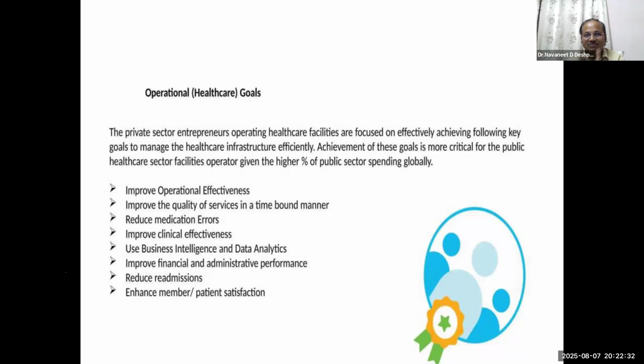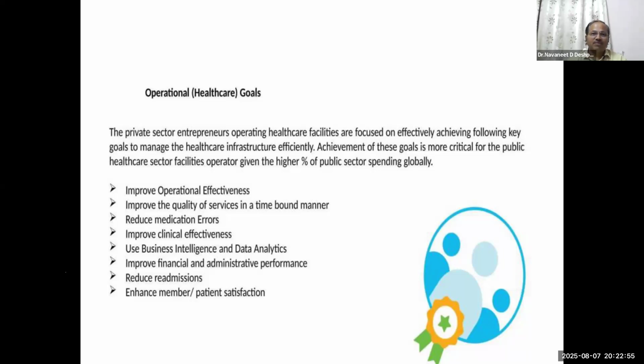The entire infrastructure has to be handled efficiently, not just the patient. The achievement of these goals is more critical for public healthcare facility operators, given the higher percentage of public sector spending. So public sector and private sector are both involved, and there is a public private partnership which has to guarantee these goals.